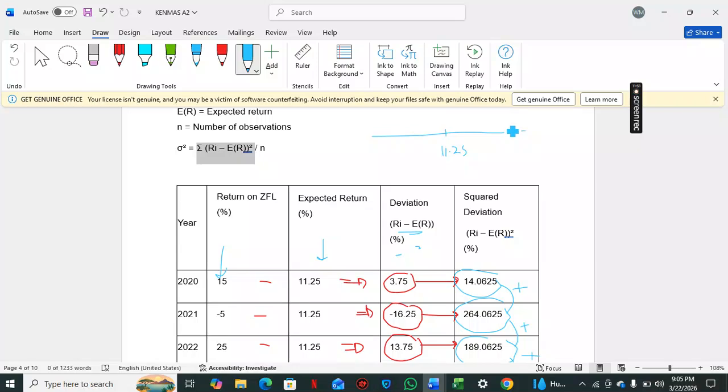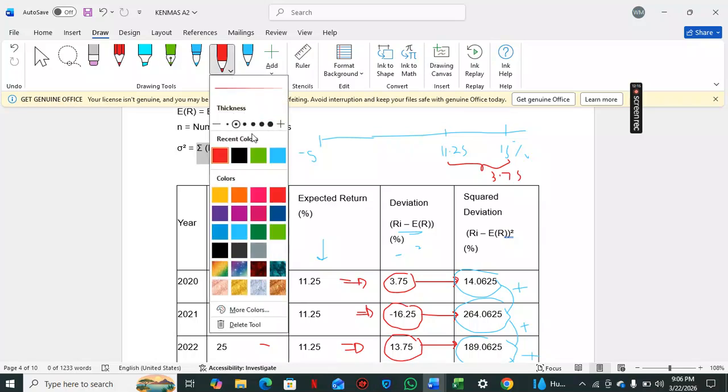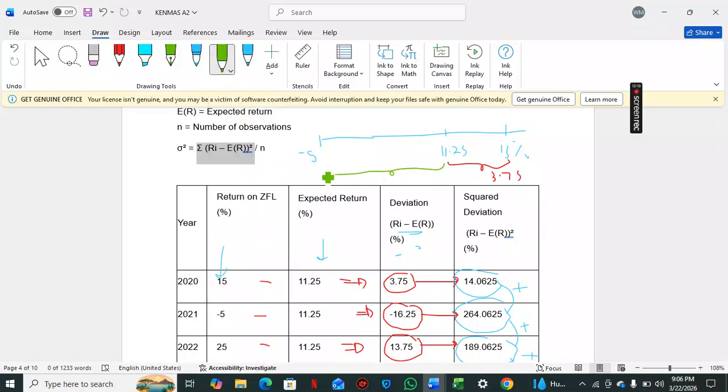So a return of 15% is 3.75 units away from the average. A return like -5 is 16 units away. Are you seeing this, sir?